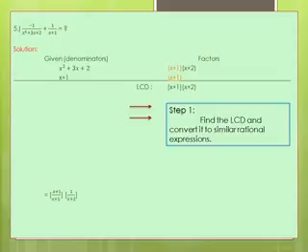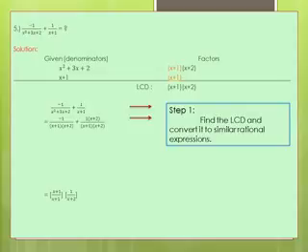Step 1. We find the LCD and convert it to similar rational expressions. So, we will convert it by having the LCD as our new denominator, and we divide it by the original denominator and multiply the result to the numerator. So, x plus 1 times x plus 2 divided by x squared plus 3x plus 2 is equal to 1.